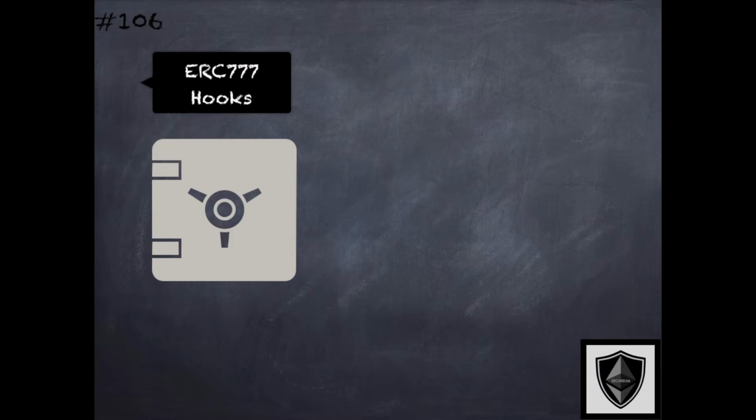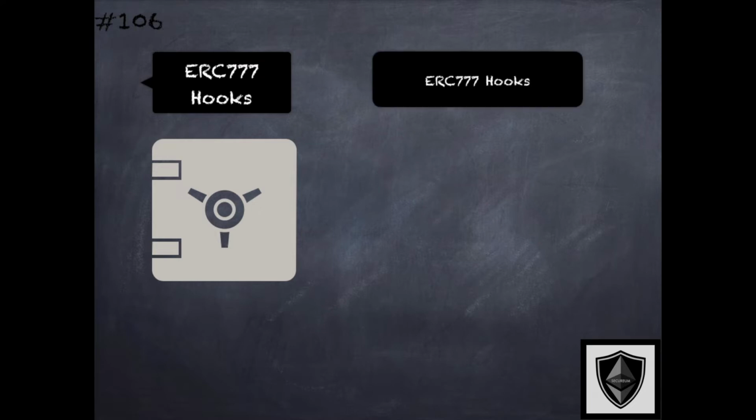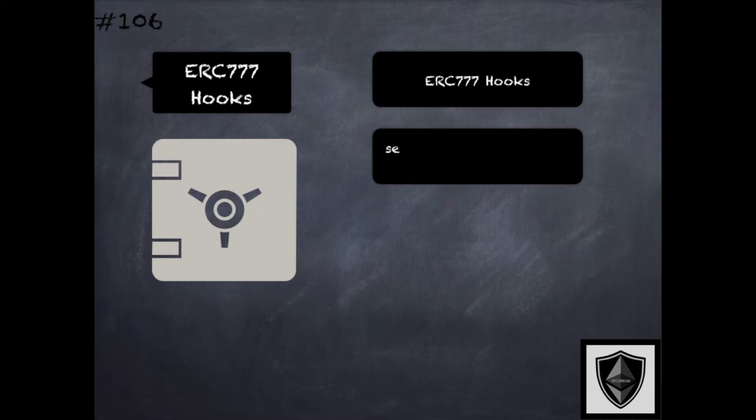We have discussed the ERC 777 token standard, which aims to improve some of what are considered as shortcomings of the ERC 20 standard. And one of these improvements is the concept of the hooks. These hooks get called before send, transfer, mint, burn, and some of the other operations in these tokens.